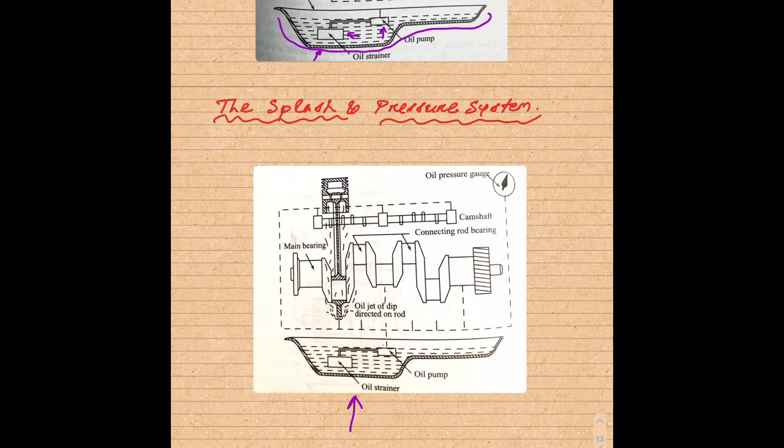We have an oil pan where we are storing oil, the same oil strainer and oil pump. First the oil will be fed to the troughs. This is the trough like in the splash system.